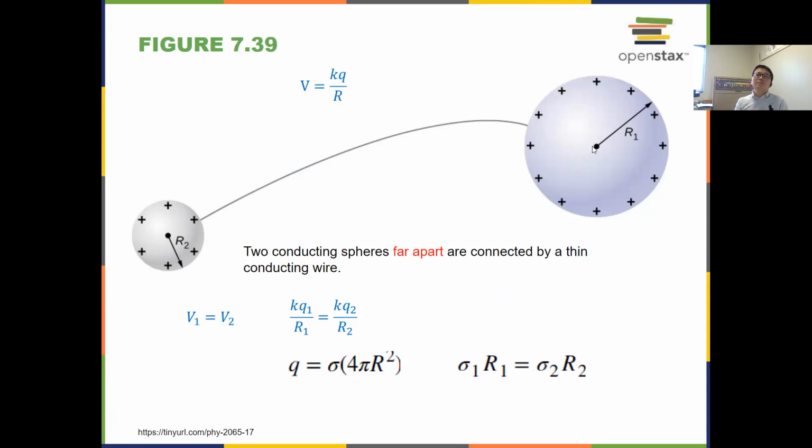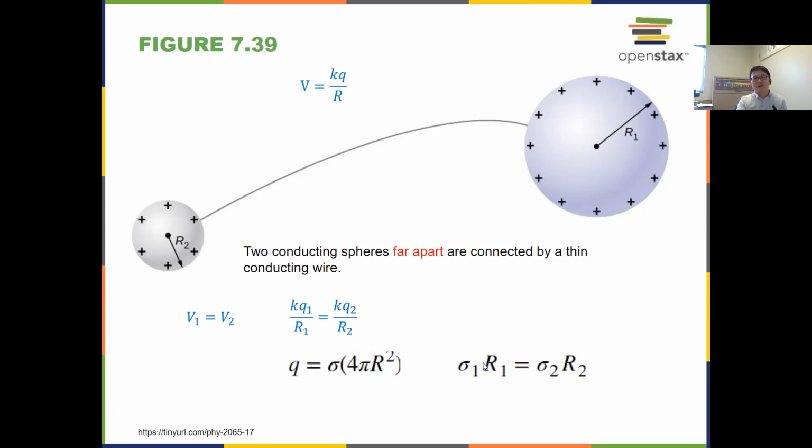Because the potentials are the same, for a spherical charge distribution you have KQ1 over R1, and this one will be KQ2 over R2. Q1 and Q2 can be calculated using the surface charge density times the area, so sigma 4 pi R squared.